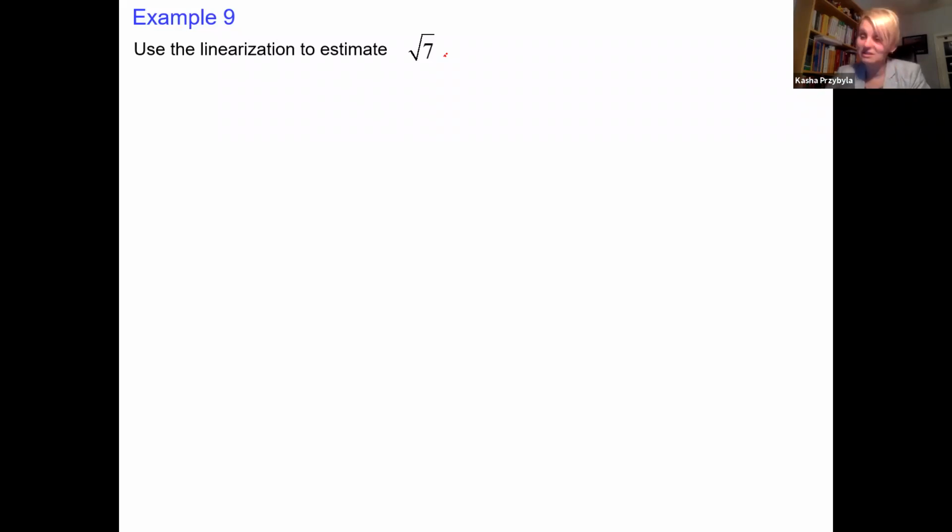That means, as I said, the most challenging job will be to figure out what the a value is and what the formula for the function is. Can we just make sure that we know that the function will be square root of x? Yes, okay. Square root of x. The number that I'm asking to approximate will give you the formula, square root of 7, so square root of x. And what is the a value?